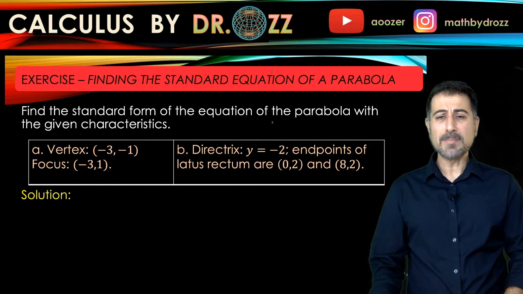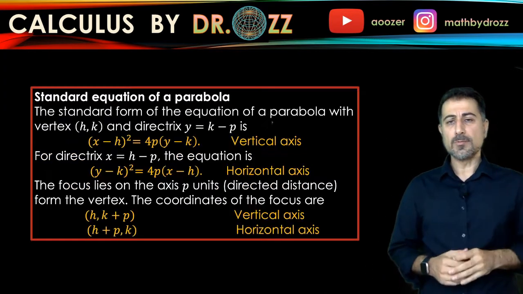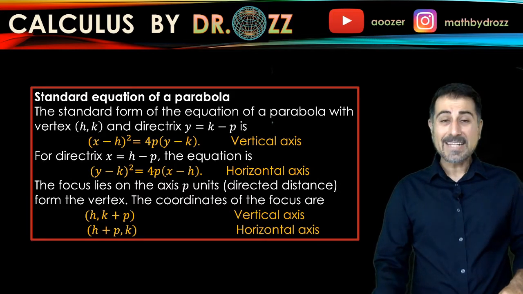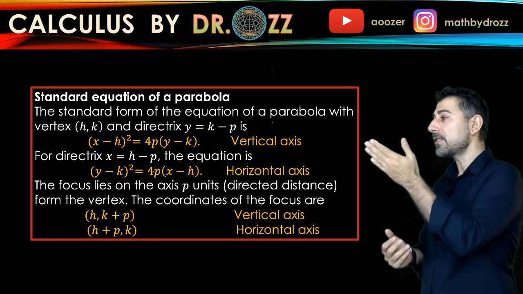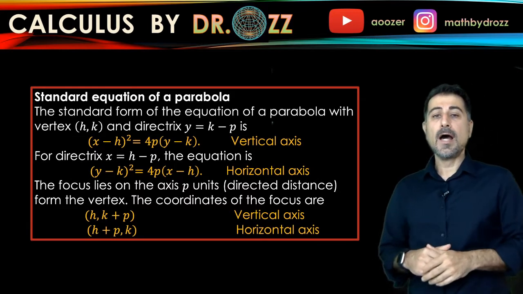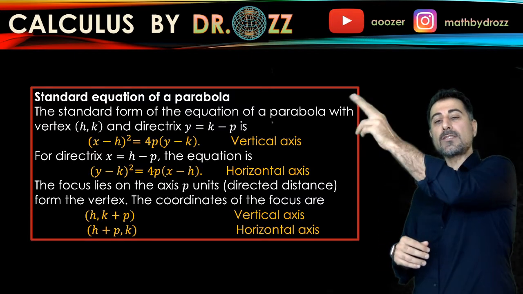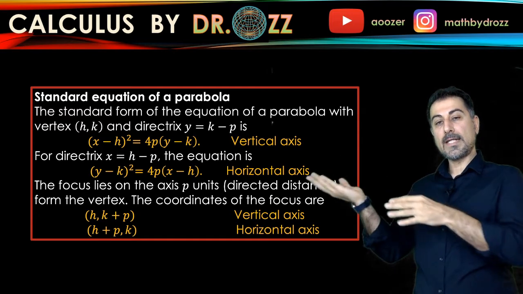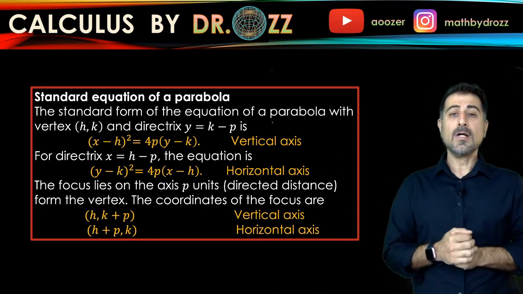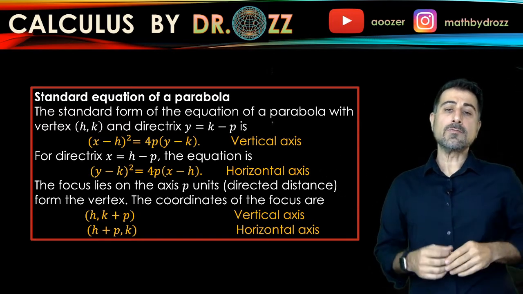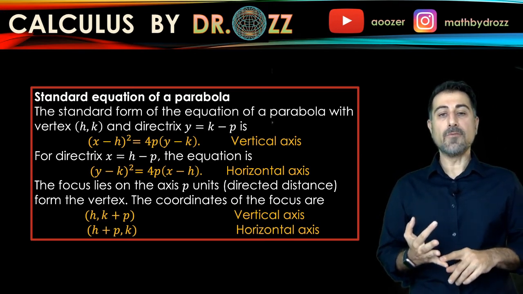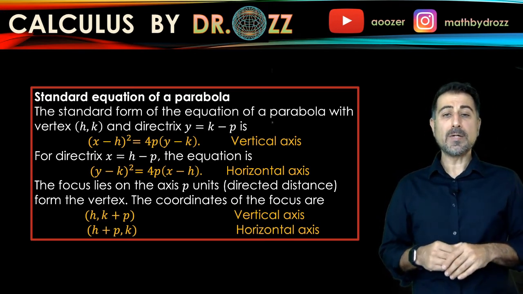At this moment, it's better to recall the standard equation of parabolas depending on the axis of the parabola. You have vertical axis and horizontal axis type parabolas. In one case, the x term is raised to the power of 2, and in the horizontal case, y is raised to the power of 2. To write down these equations, all you need is the coordinates of the vertex, which is h and k, as well as p.